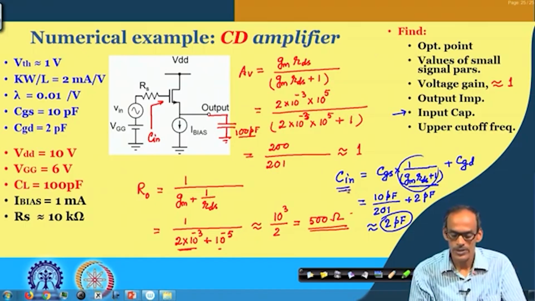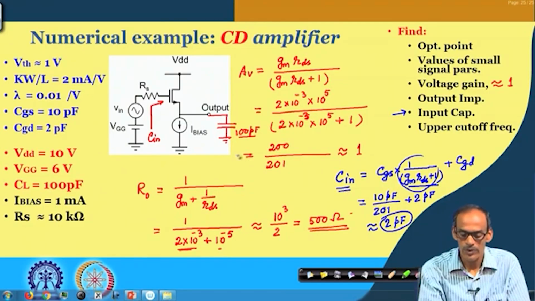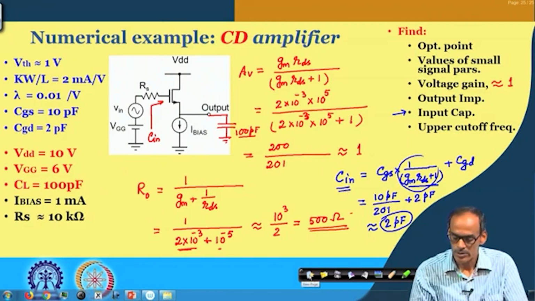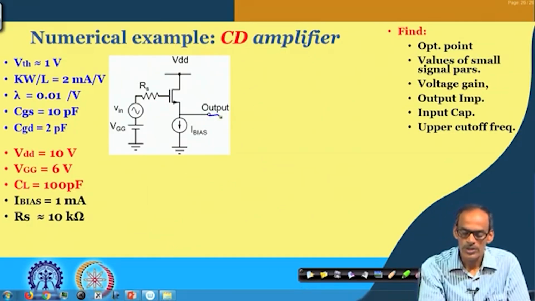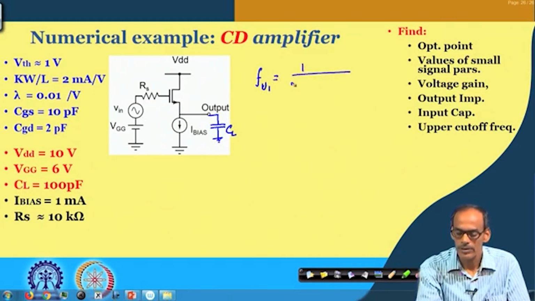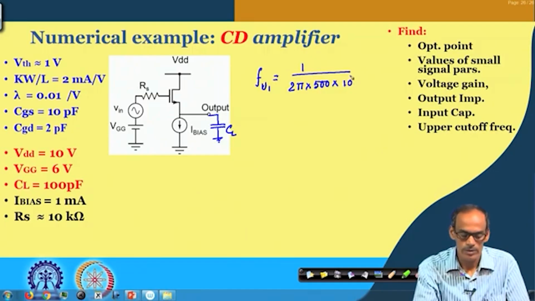Now, if I say the upper cutoff frequency, let me again clear it and use the space here. So the upper cutoff frequency coming from CL, f1 equals 1 by 2 pi, output resistance is 500, and CL is 10 to the power minus 10 farad.